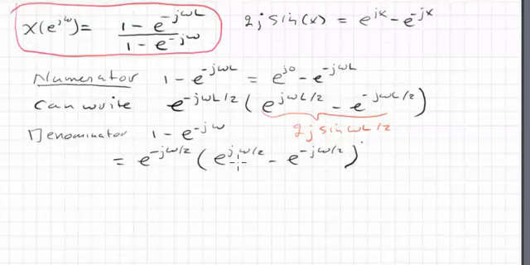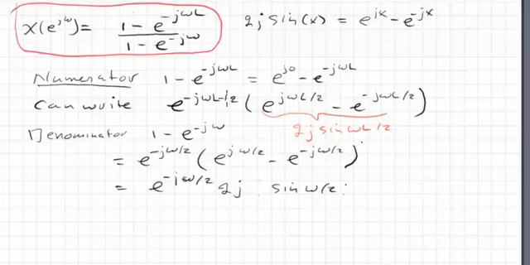All right, so that's just the Euler identity, and we can write this as e to the minus j omega over 2 times 2j times sine omega over 2. I don't really need these parentheses anymore because we've collapsed this whole thing into a single sinusoid. So that's the benefit of doing that.